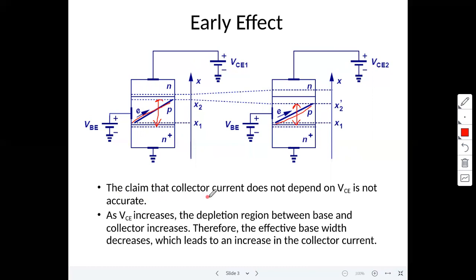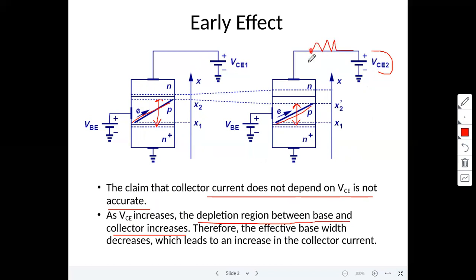The claim that the collector current does not depend on VC is not accurate. Collector current depends upon VCE, and VCE further depends upon the base and collector voltages. As VCE increases, the depletion region between base and collector increases. Sometimes some people may connect some resistor here.